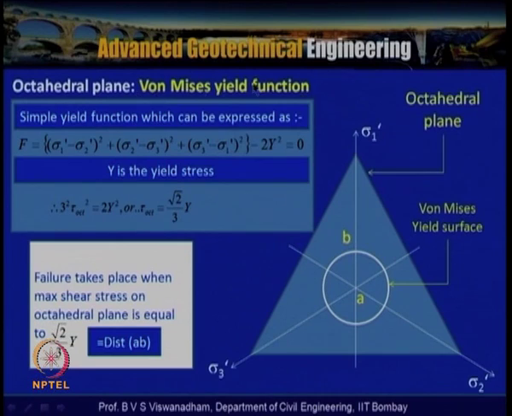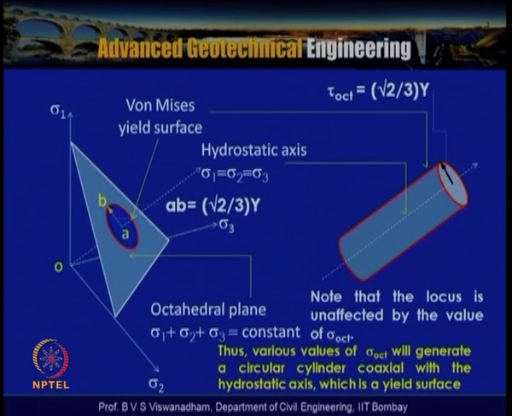According to von Mises, the failure surface is represented on the octahedral plane, and from the earlier discussion we determined that tau octahedral is equal to root 2 by 3 y. This is the radius of the von Mises yield surface, and it is represented further in depth here. This is the octahedral plane, and this is the von Mises yield surface, and AB is root 2 by 3 into y.